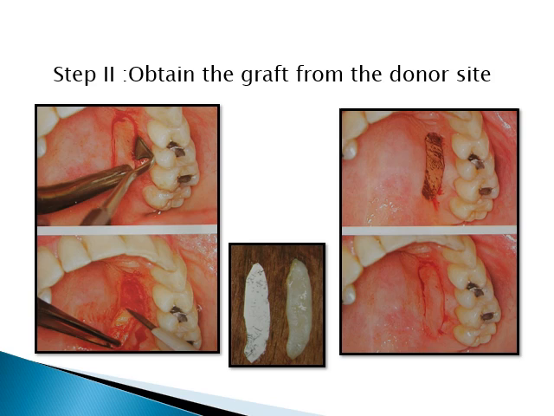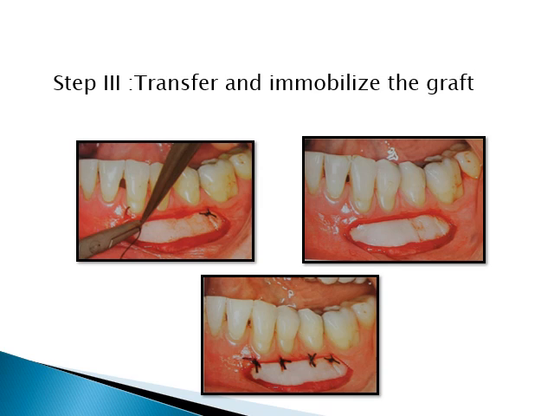Take care to distinguish the epithelium from the connective tissue side. Apply the graft, taking care to put the connective tissue side toward the periosteum and the epithelium toward the outer surface.